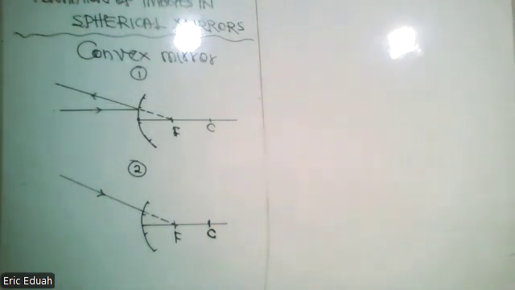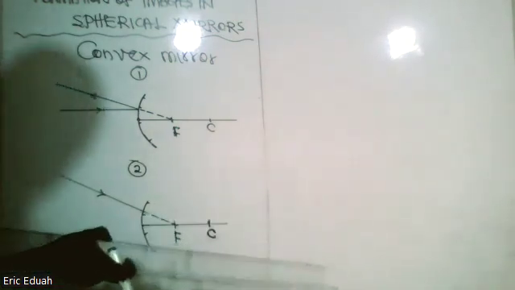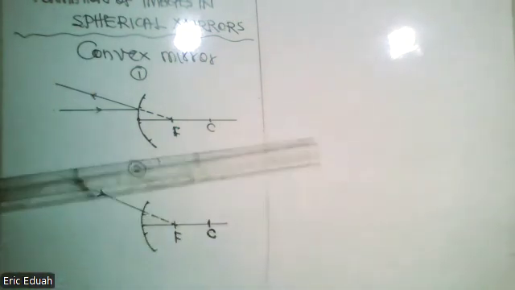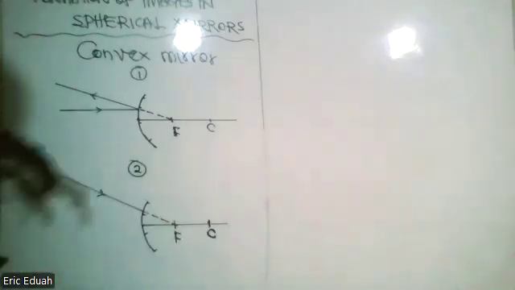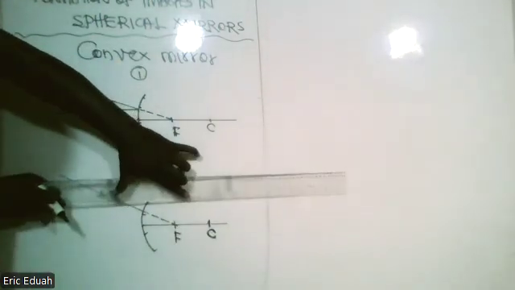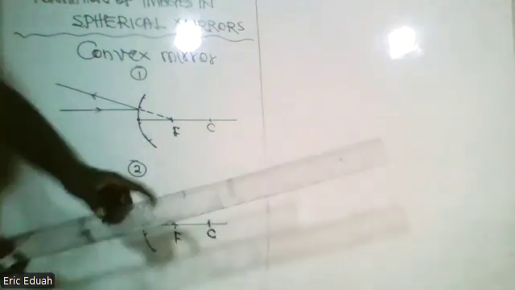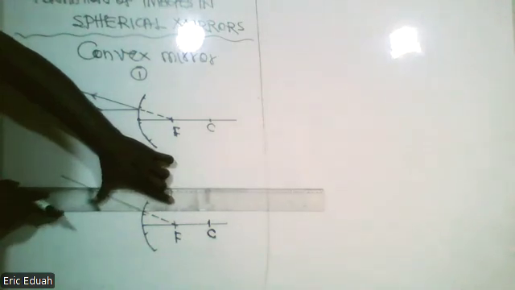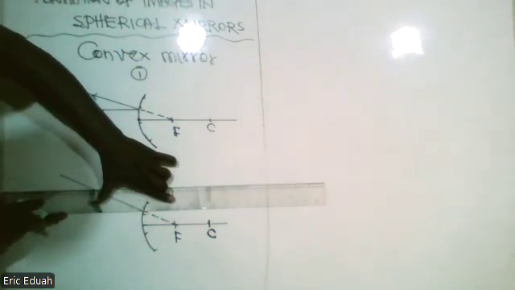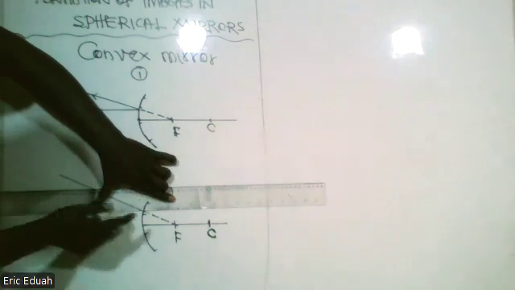After reflection, the reflected ray will be parallel to the principal axis. Exactly. It's just the reverse of whatever we are doing. So if the ray appears to be passing through F, then after reflection, the reflected ray must go parallel to the principal axis.